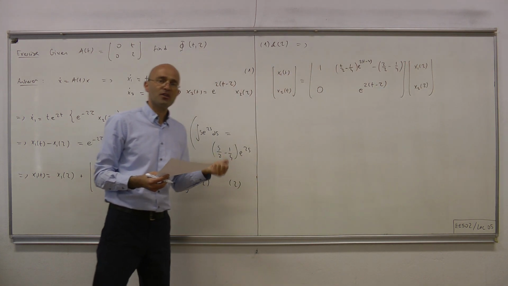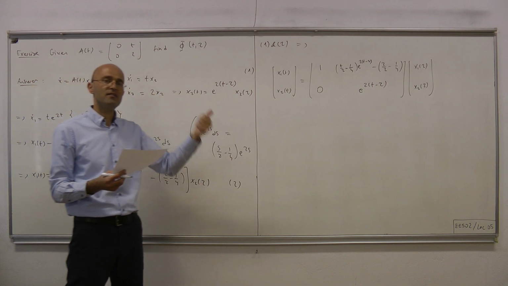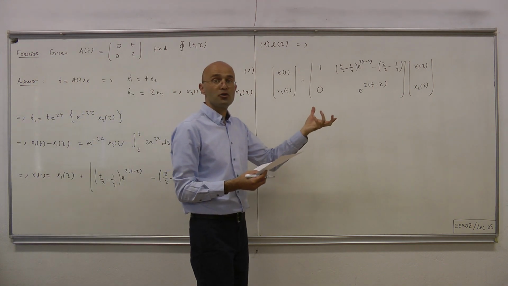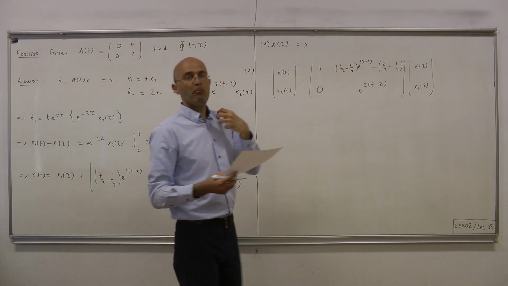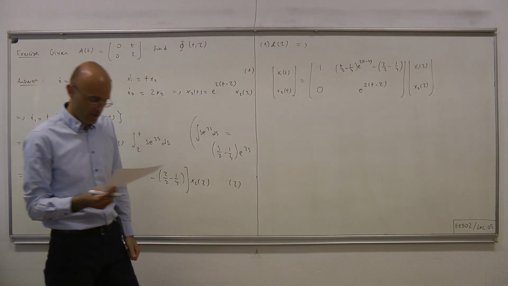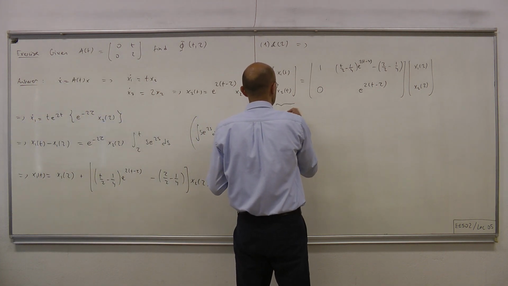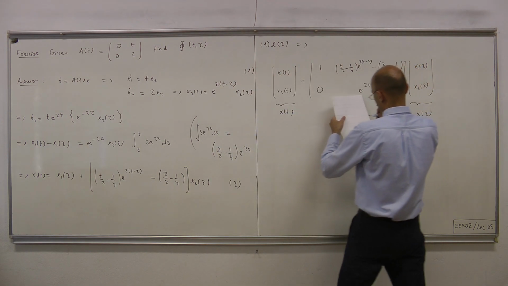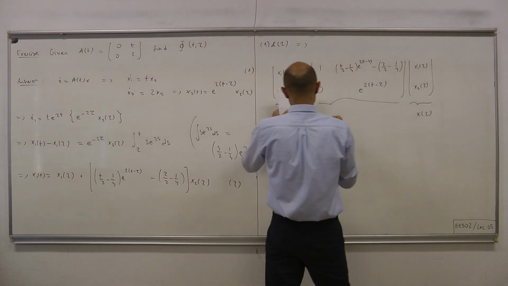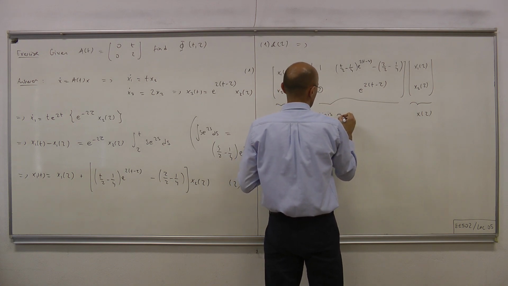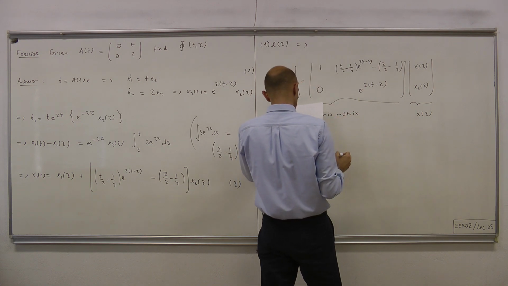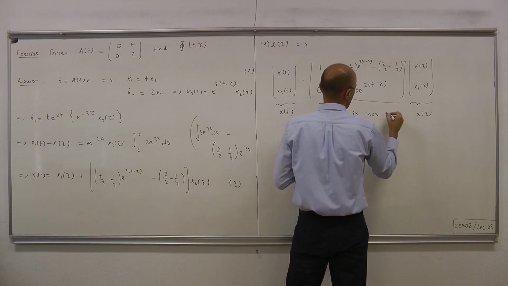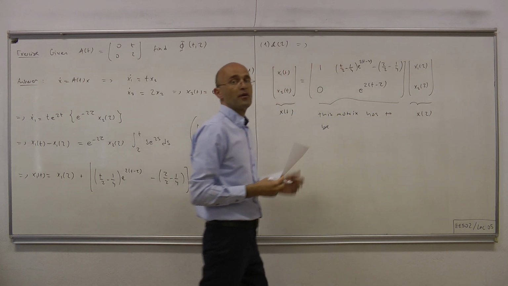Since we didn't make any assumptions, t and tau are arbitrary, and since the solution is unique, this matrix here must be a state transition matrix.